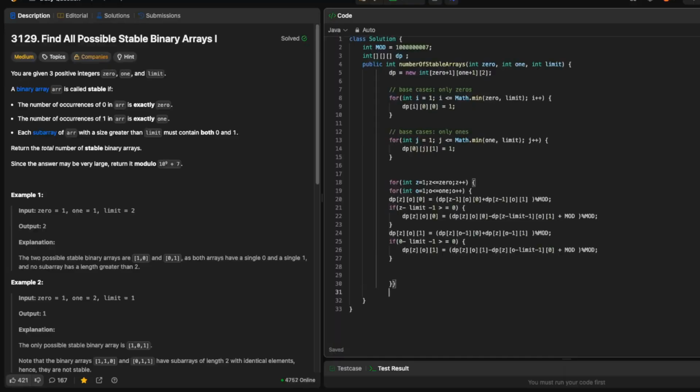After that, what we have to return is dp of 0, 0, plus dp of 1, 0, plus, here we have to return 1.